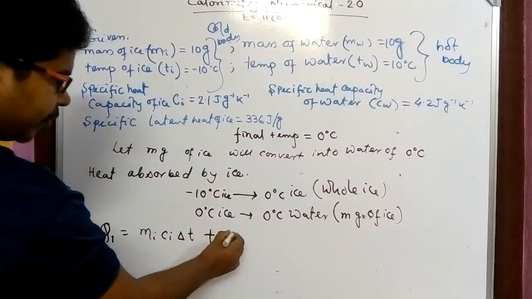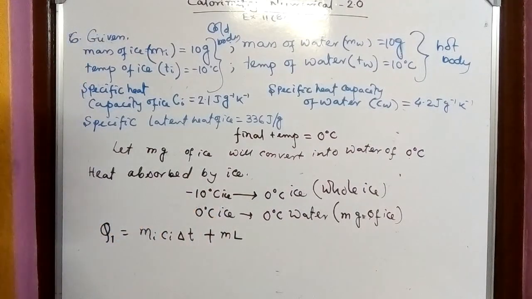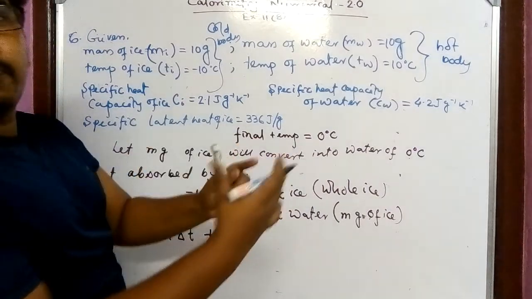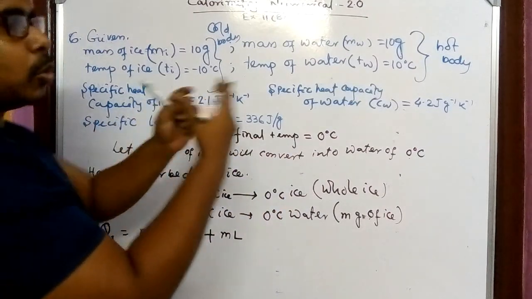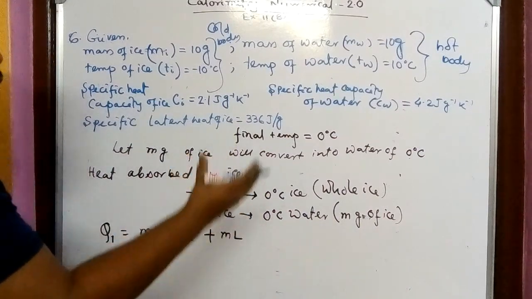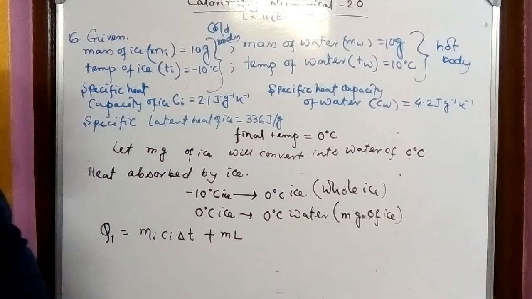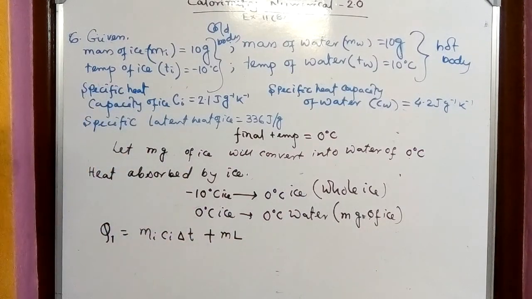So m into L. Why? Because you know that to convert at the same temperature from one state to another state, you have to absorb the latent heat. So here m into L is the latent heat. We have done it in the previous numerical also.